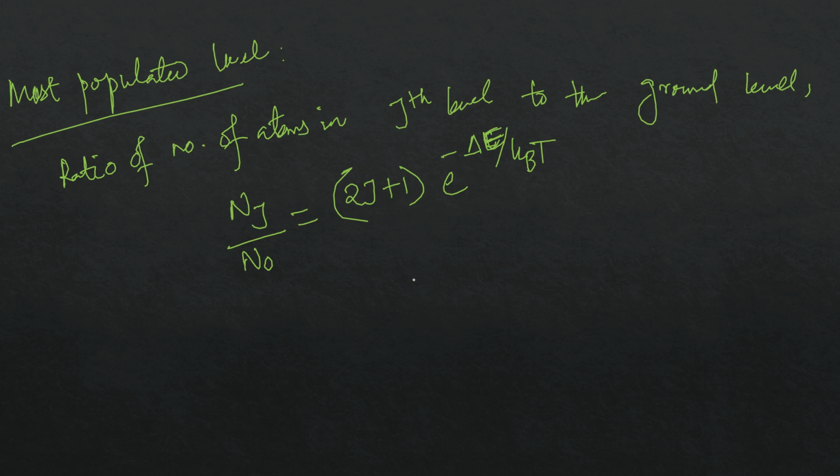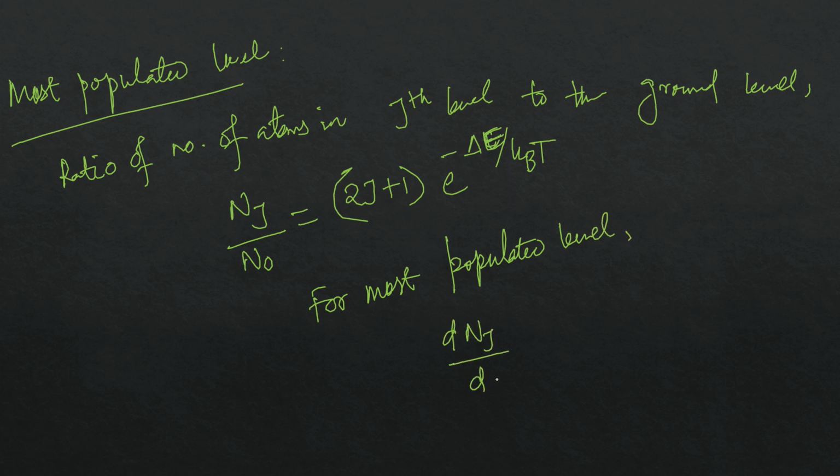Okay, for most populated level, what we have to do? Most populated level, dnj by dj is equal to 0. Okay, so take the derivative, you will find nj is equal to what?